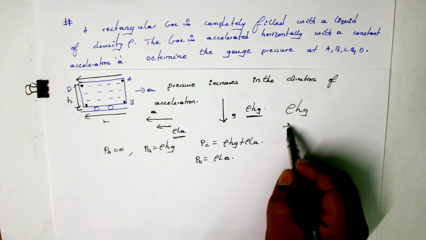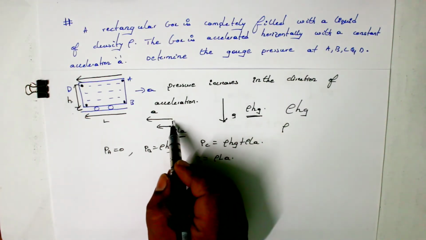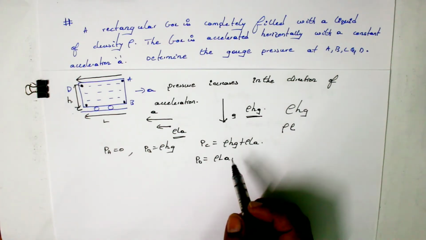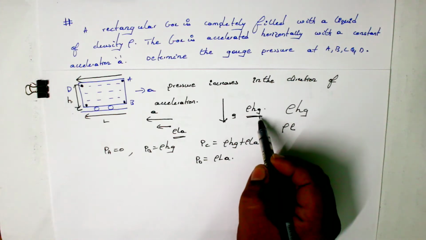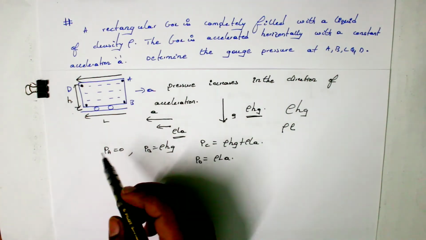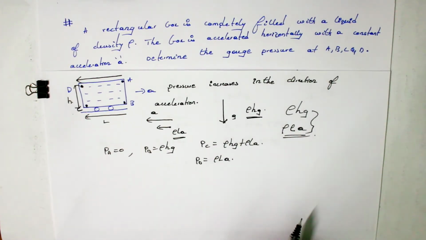Height increases in this direction, and L increases in this direction, so h is analogous to L. This is the acceleration due to gravity, and this is the acceleration of the container. So these two terms are always analogous terms.